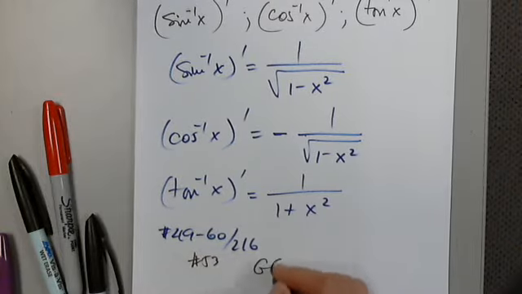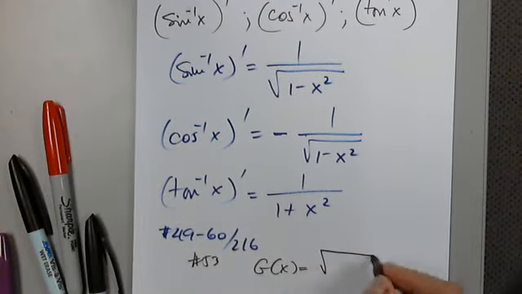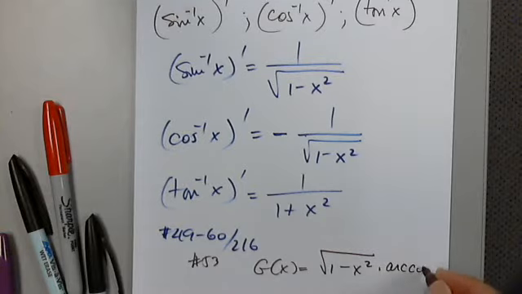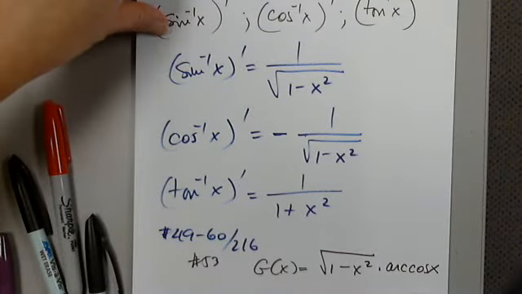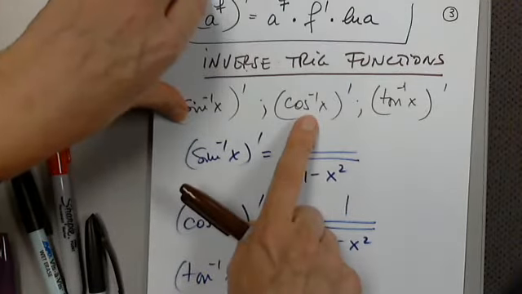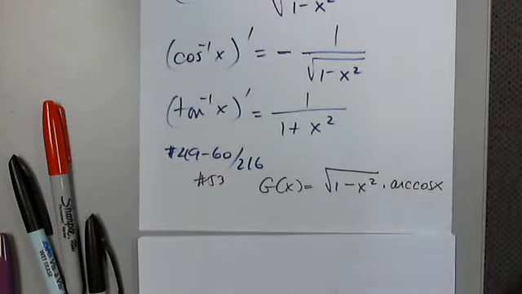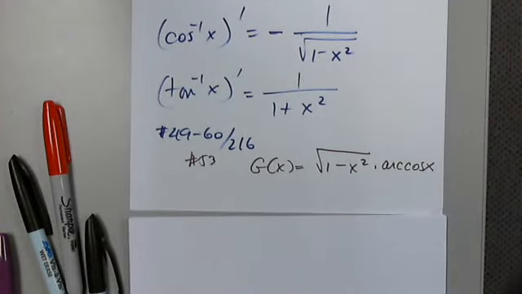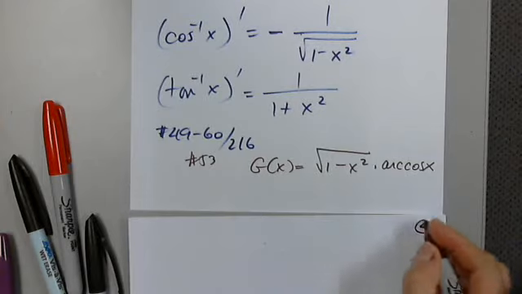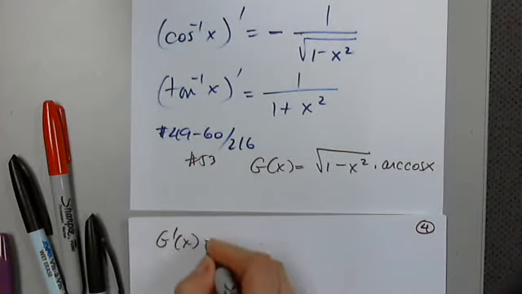In 53, we have g of x equals the square root of 1 minus x squared multiplied by arc cosine x. Remember, arc cosine x is the same with cosine inverse, just a different notation. Honestly, I prefer this because when I write a test, I don't have to put the power. It's easier if I write arc cosine. Very good. So we want to find g prime of x.